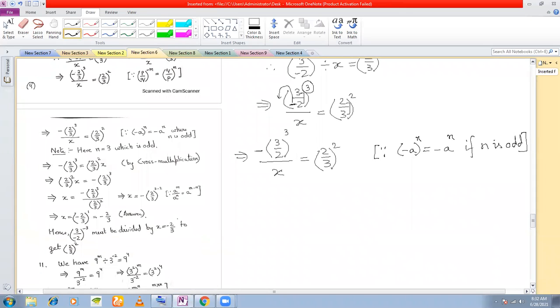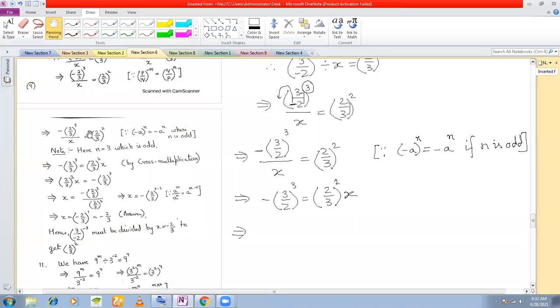We can write here, since (-a)^n is equal to -a^n if n is odd. This is your reason. Now we shall simply solve this equation. So you cross multiply. You get -(3/2)^3 is equal to (2/3)^2 into x, right?